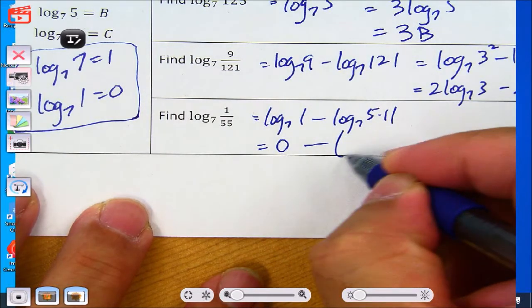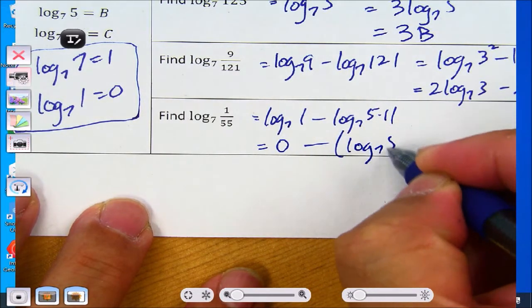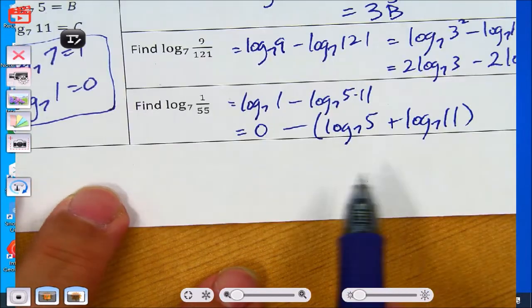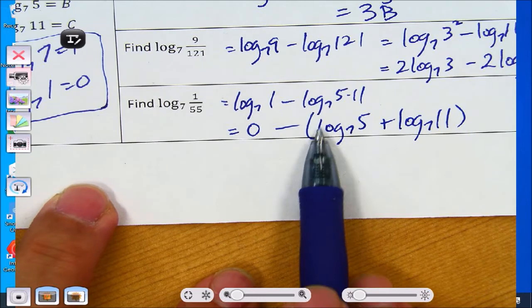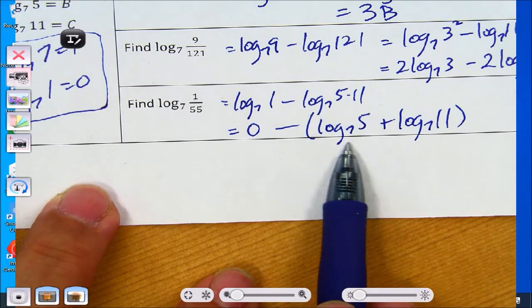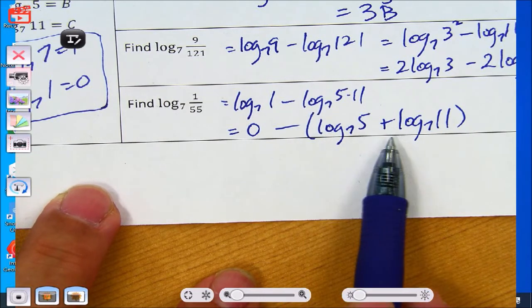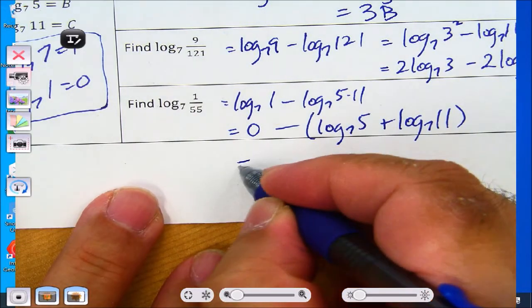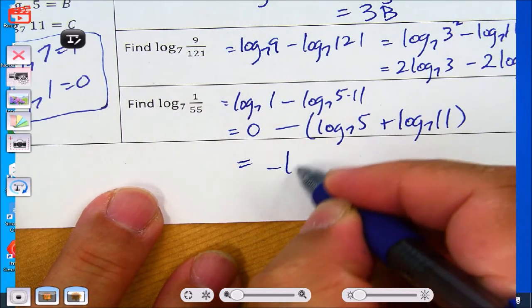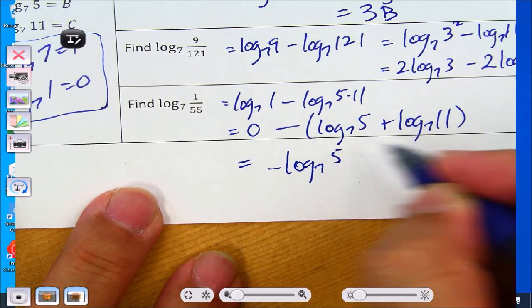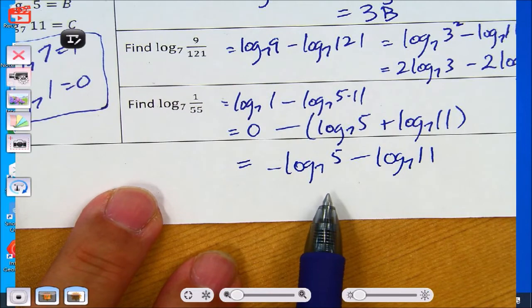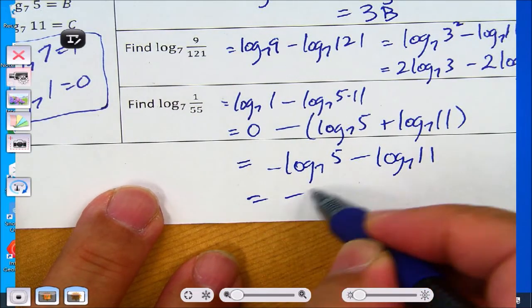So let me do the parentheses first: log base 7 of 5 plus log base 7 of 11. So you see why the minus sign carries, because log base 7 of 5 times 11 is log base 7 of 5 plus log base 7 of 11. Distribute that minus sign. So it's negative B minus C.